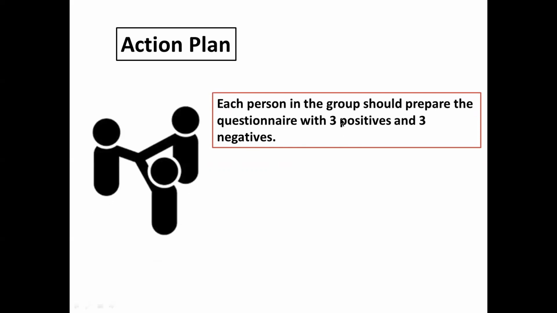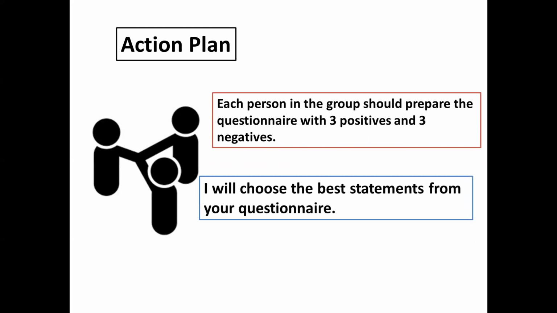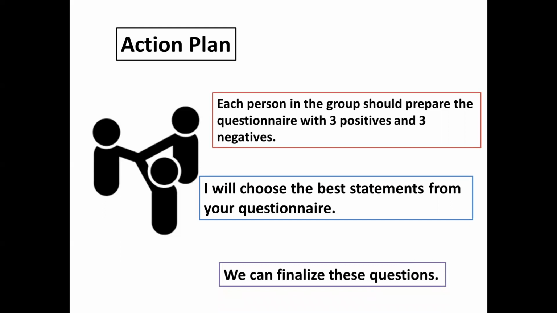Each person in the group should prepare the questionnaire with 3 positives and 3 negatives of your topic. So each group should prepare 6 statements. I will choose the best statements for your questionnaire, and then we will finalize 6 statements from all the statements that you've given me.